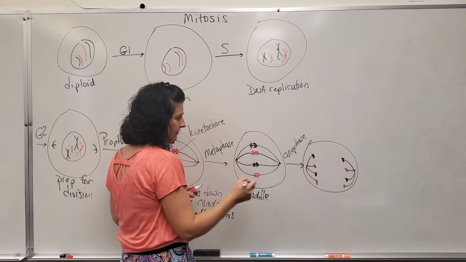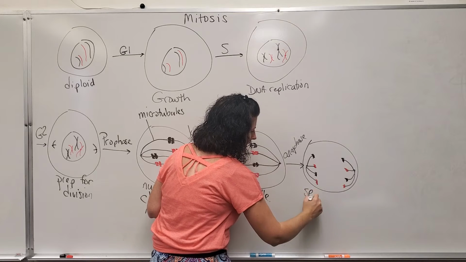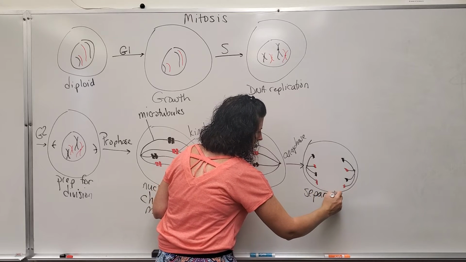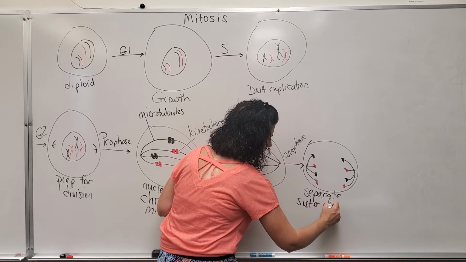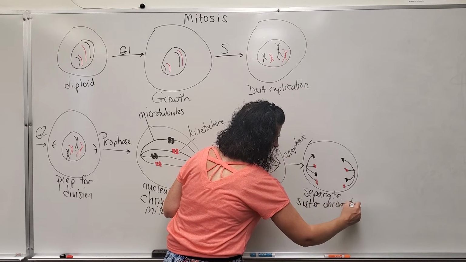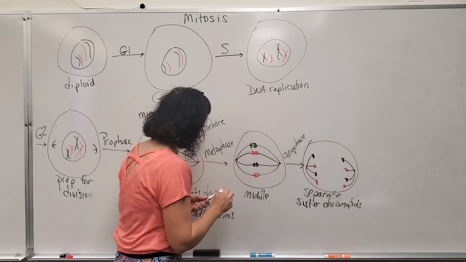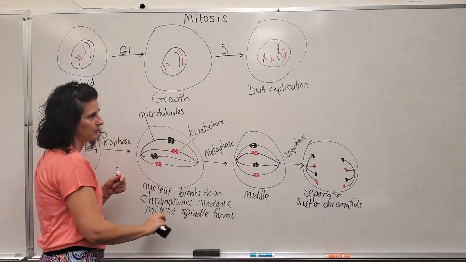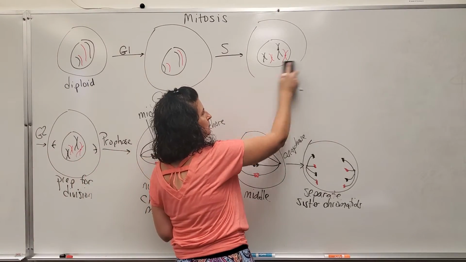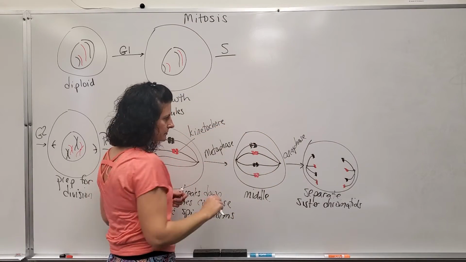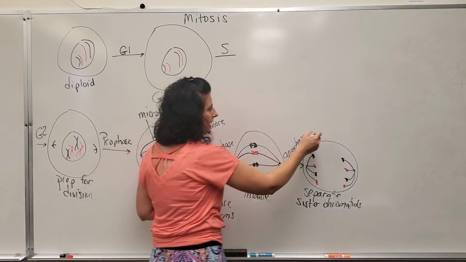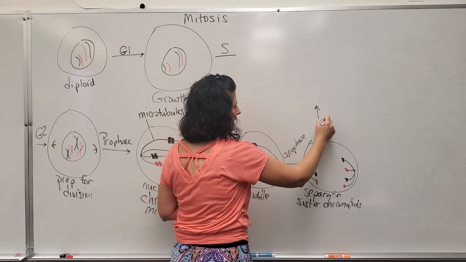Okay, so in anaphase, now we separate sister chromatids. A little out of room, so we're going to get rid of this one so that we can move up and now go into telophase.